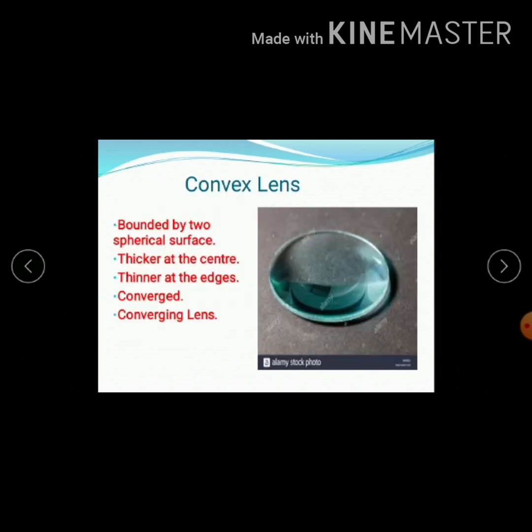Next, what is a convex lens? This convex lens is also known as biconvex lens. It is a lens bounded by two spherical surfaces such that it is thicker at the center than at the edges. That means the middle portion of the lens is thicker than at the edges.